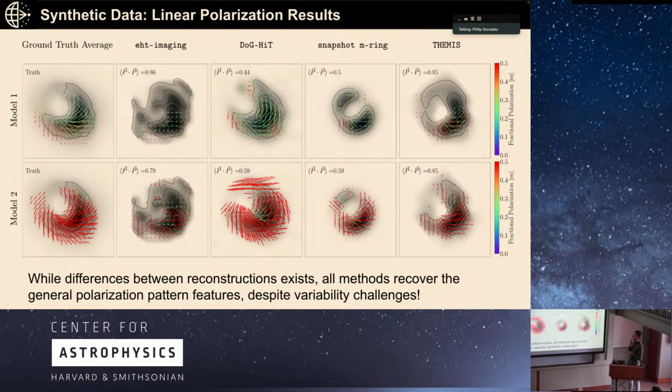And here looking at the linear polarization, we see that there are certainly differences between these, but they all agree on the main important features in our polarization image, which is this nice twisty linear polarization pattern, even though we had to deal with all these challenges, including the rapid variability. So this was quite encouraging for us to see. And we see here also in model 2, which has the large polarization fractions, that indeed all these models then also recover a larger polarization fraction along the ring.